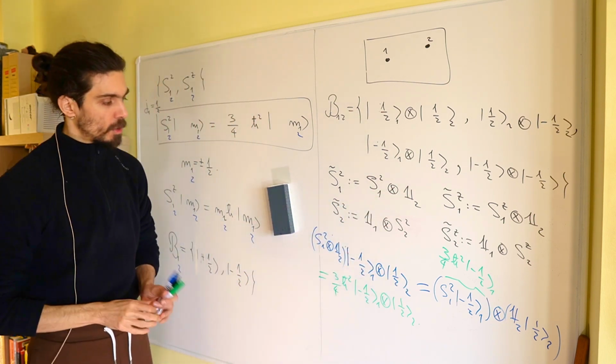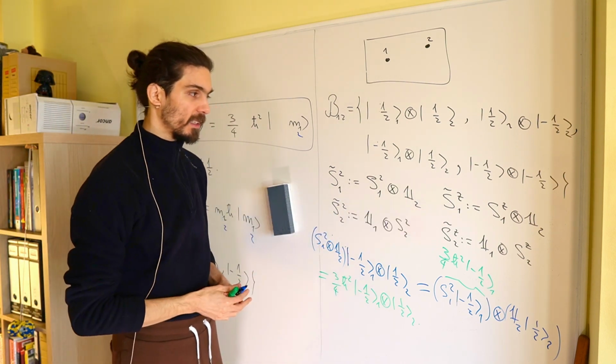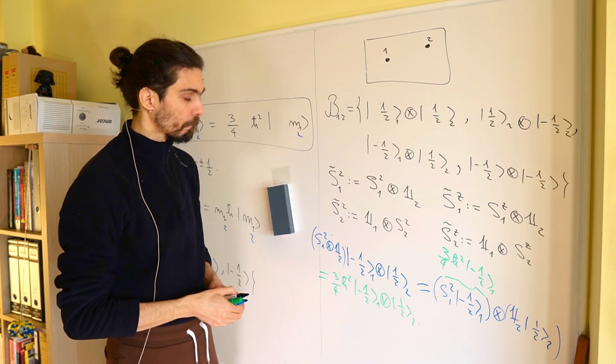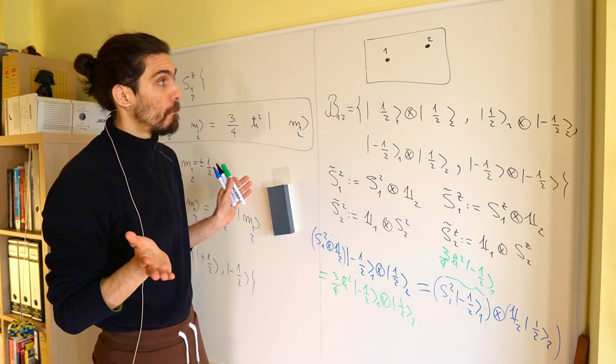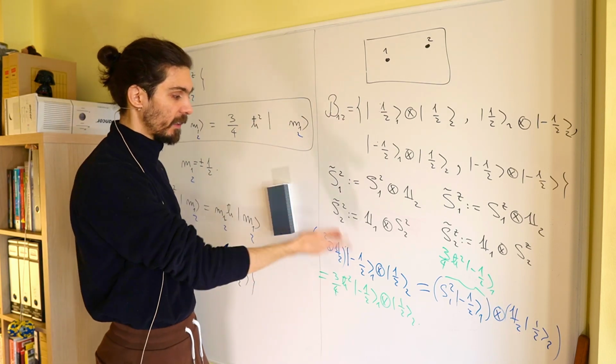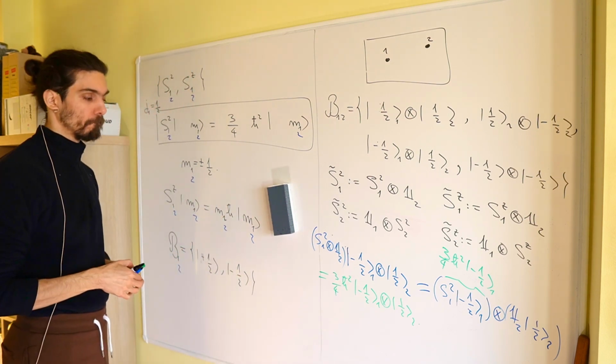You can repeat the same type of calculation for the remaining ones. I think it's easy to see what the final result is going to be. And this is essentially the basis for this new state space, given by this, and these are the eigenvalues assigned to each one.